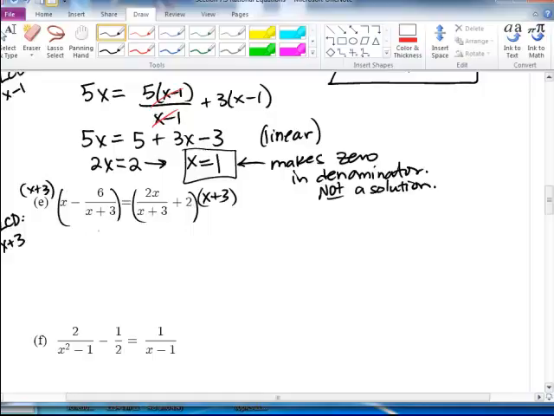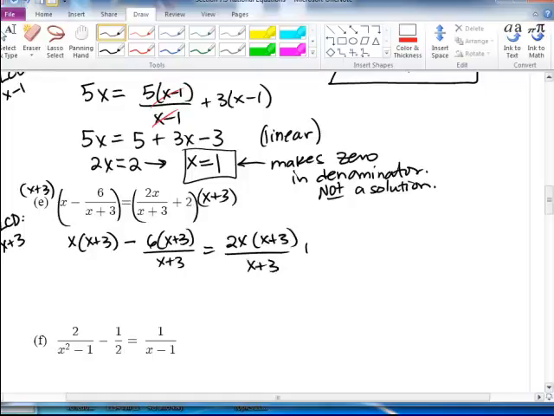Now when we distribute, we'll have x times x plus 3 minus 6 x plus 3 over x plus 3, which we can reduce, equals 2x times x plus 3 over x plus 3 plus 2 times x plus 3. And then reduce what we can. We can take that out of the way and that out of the way.